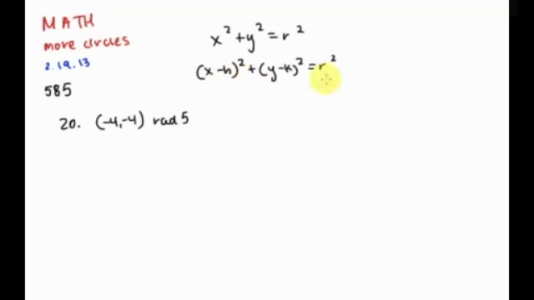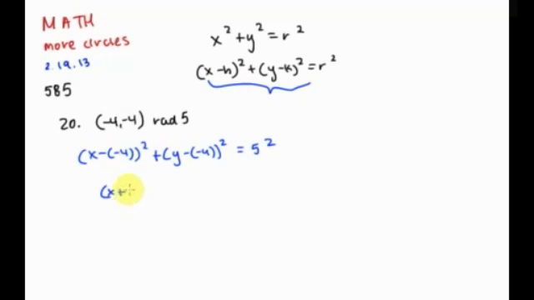Well, following this formula that we have right here, just plug in the numbers. x minus -4 squared plus y minus -4 squared equals 5 squared. This is x plus 4 squared plus y plus 4 squared equals 25, and we're done with that.